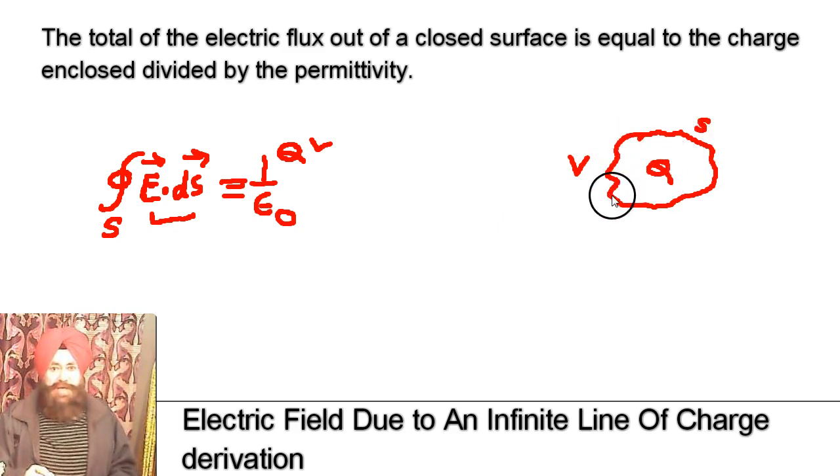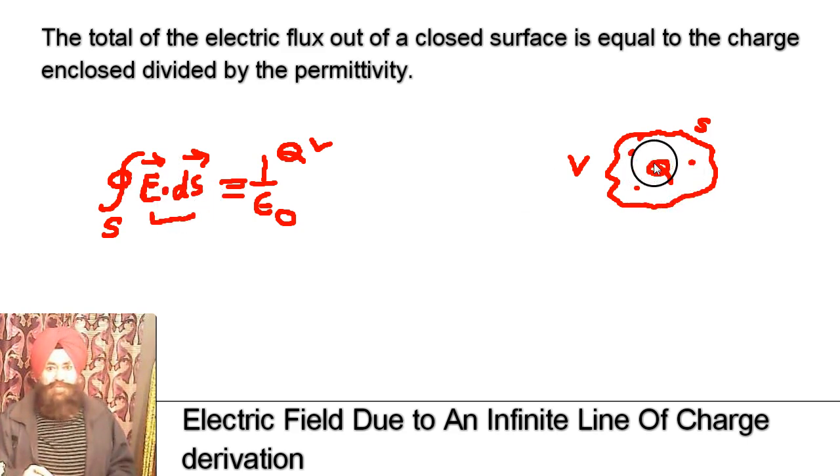Now keep in mind one thing. The charge inside the S may be a point charge, or even a continuous charge distribution. Further, the location of this Q, whether it is here, or here, or here, does not affect the value of the left hand side.